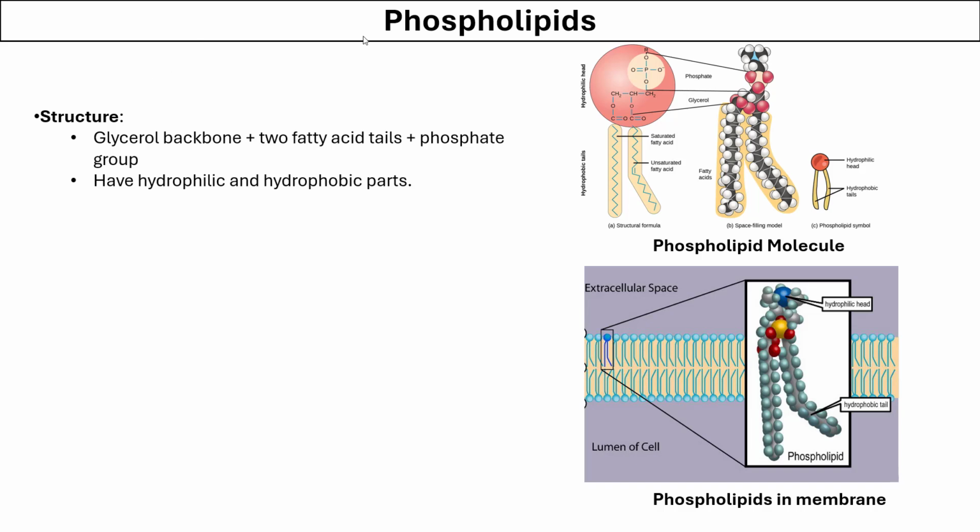Next category of lipids are phospholipids. Here you know that we had one molecule of glycerol and 3 molecules of fatty acids in a triglyceride. When you remove this one molecule of fatty acid and instead put a phosphate, you get a phospholipid.